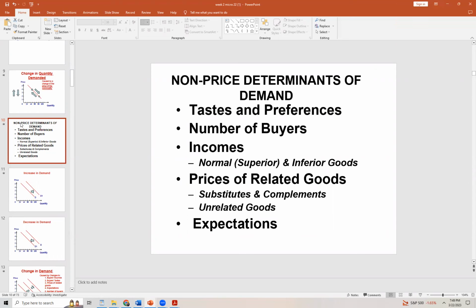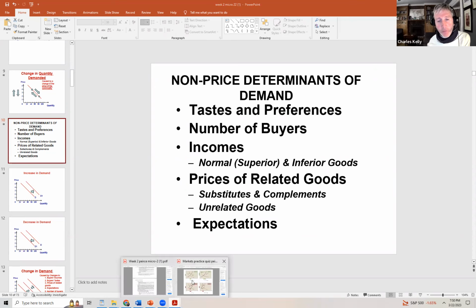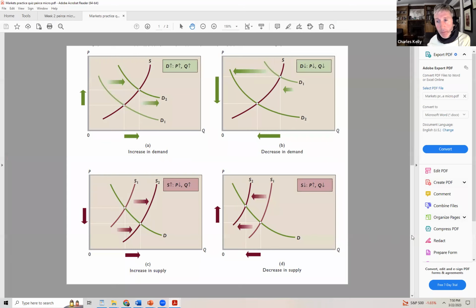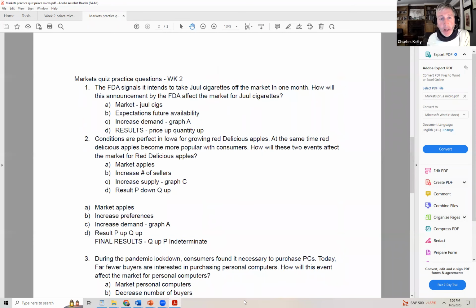I was trying to see if the question was directly correlating to that order with the ABCD, because I wouldn't have thought to put market Juul, and then the second one I wouldn't have. Well, put it this way, when you're going through these practice questions, just look at number 2. It says, conditions are perfect in Iowa for growing delicious apples. And then at the end it says the delicious red apples become more popular.